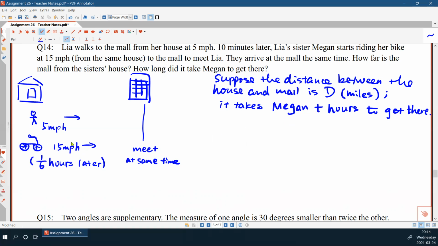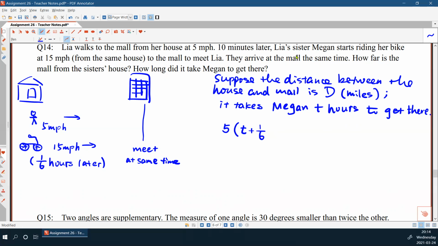So first of all, we know that if you walk from the house to the mall, your speed is 5 miles per hour, right? 5 miles per hour times the time taken, which is T plus 1/6, right? Because T here stands for Megan's time.